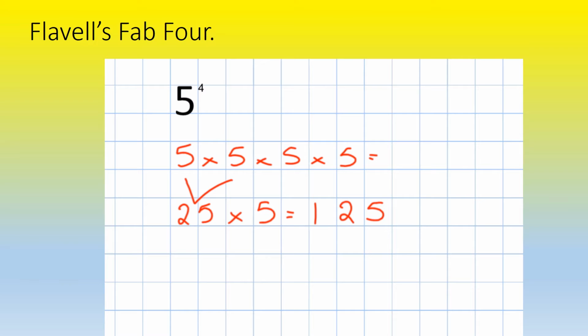And then we've got to multiply our 125. Again, we're timesing that by 5. 5 times 5 is 25, 2 5s are 10, that is 12, with our 2 added on, 2 10s. Once 5 is 5 and the other is 6. So our final answer is 625.